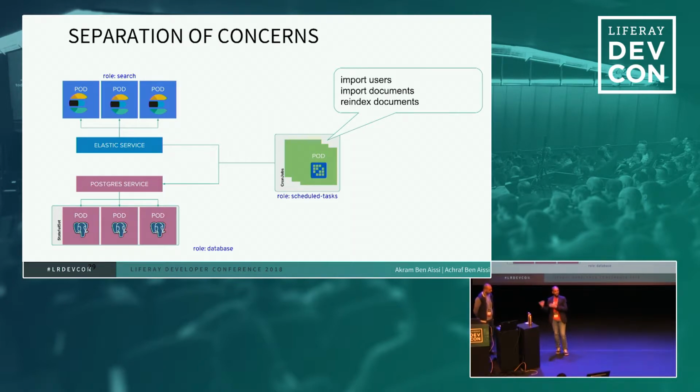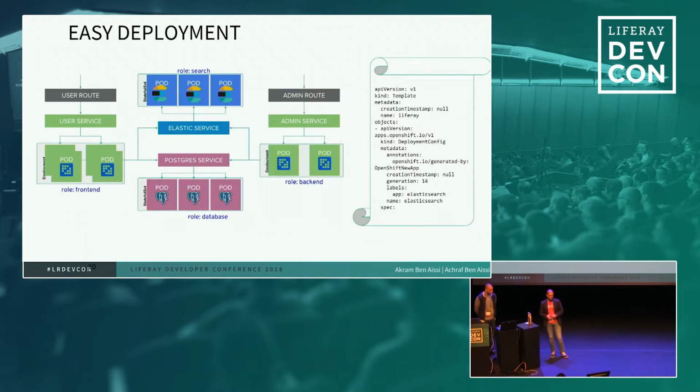And we are able to import users or documents in background tasks using this kind of container. By doing it that way, we have the ability to offload the Liferay instances which are used by admins or users, and to run highly I/O or CPU consuming tasks on other pods and make them stop when we don't need them anymore.